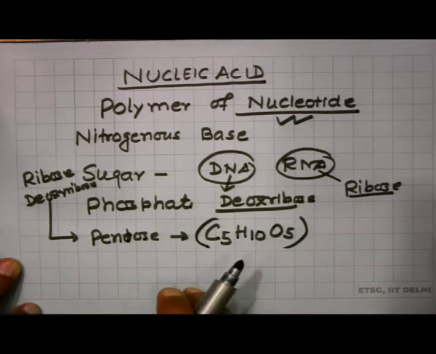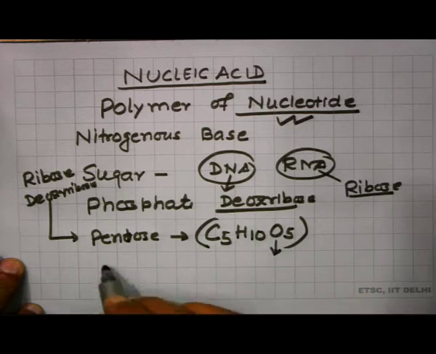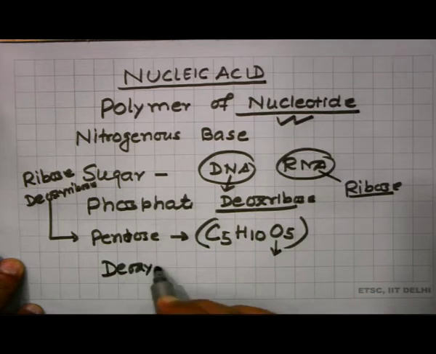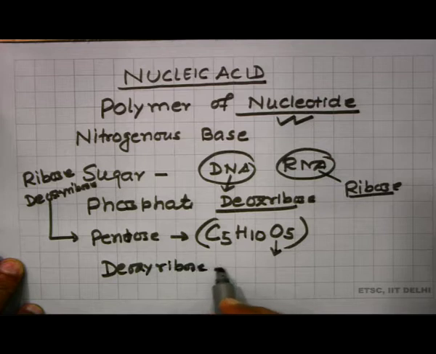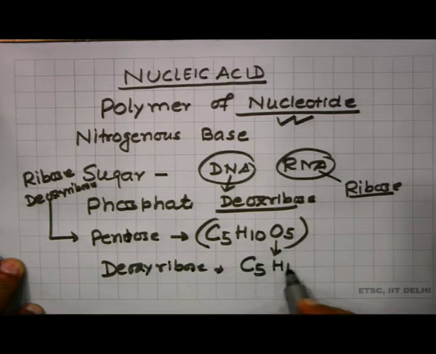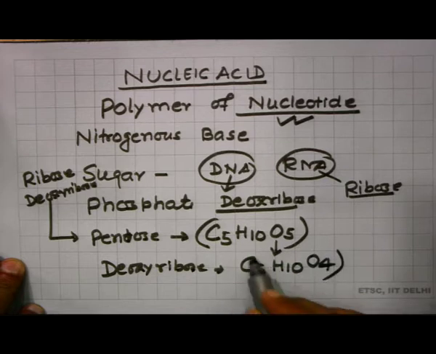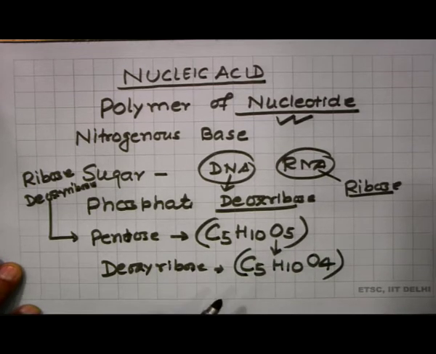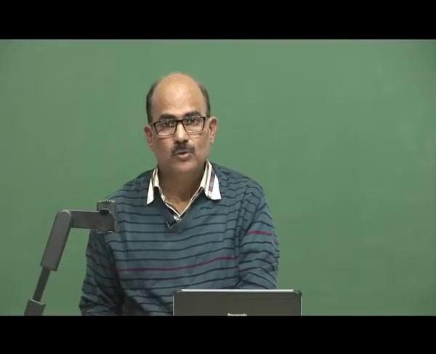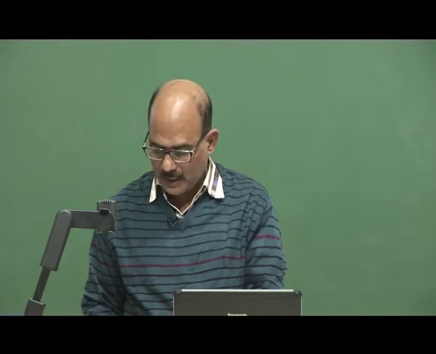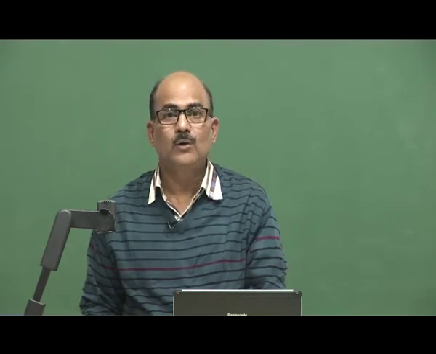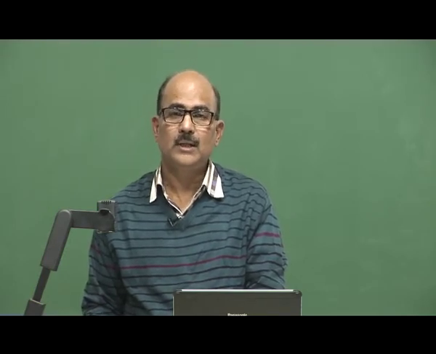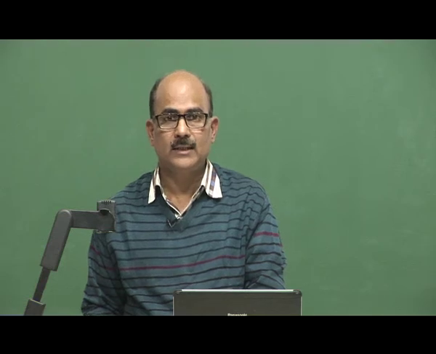But in case of deoxyribose, one oxygen is less. The formula will be C5H10O4, because in deoxyribose there is the deletion of one oxygen at carbon atom 2 of the ribose sugar. So, on that basis the DNA and RNA have been named: deoxyribonucleic acid, where the sugar is in the form of deoxyribose, and RNA, ribonucleic acid, where the ribose sugar is present.